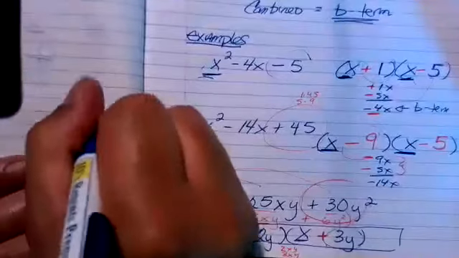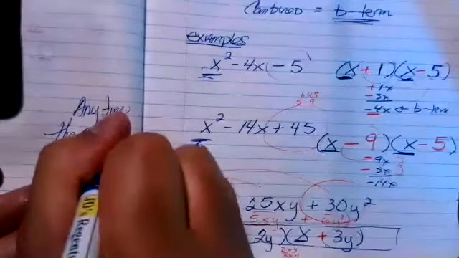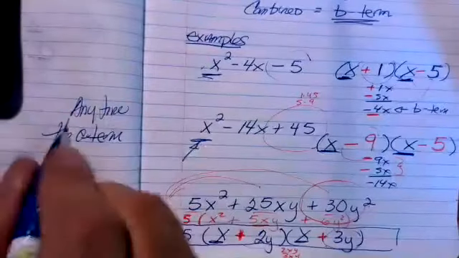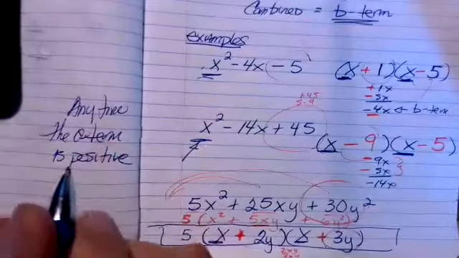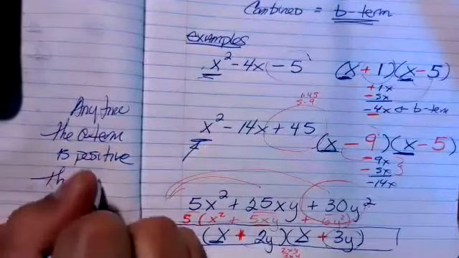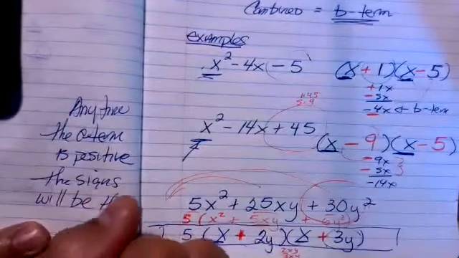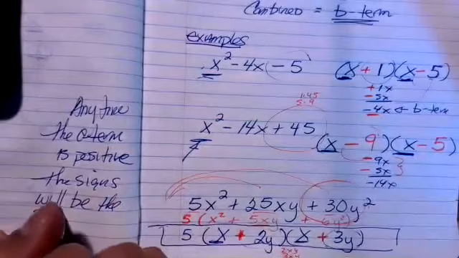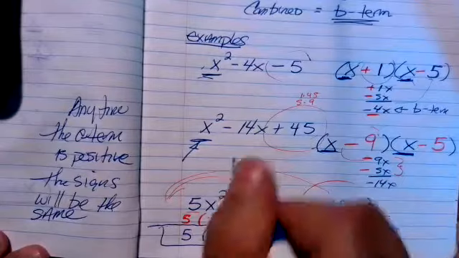So anytime the C term is positive, the signs will be the same. And if you look, they'll always be the sign of the B term, right?